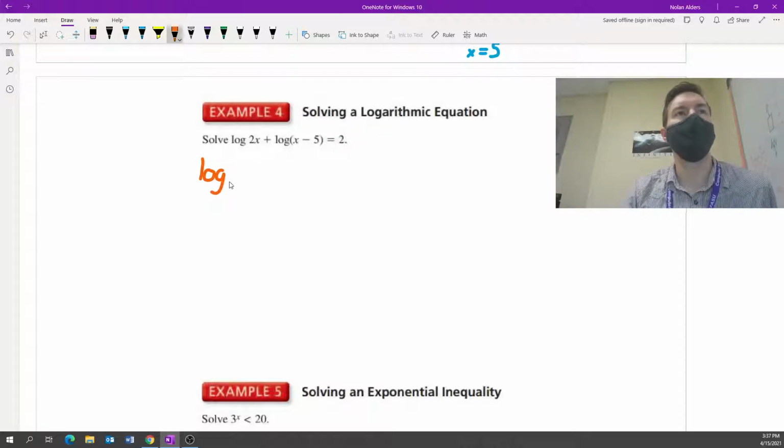So it'd be log of 2x times x minus 5 equals 2. We could simplify this a little bit. Actually, yeah, we'll go ahead and simplify it. 2x times x is 2x squared.